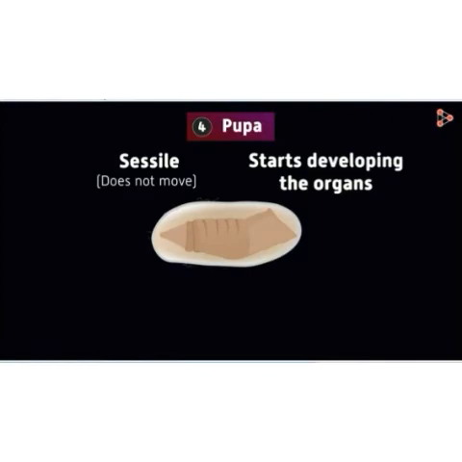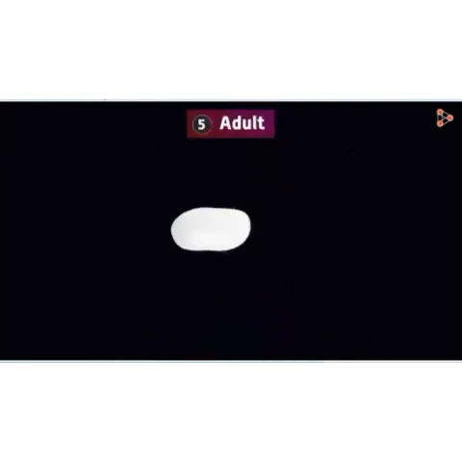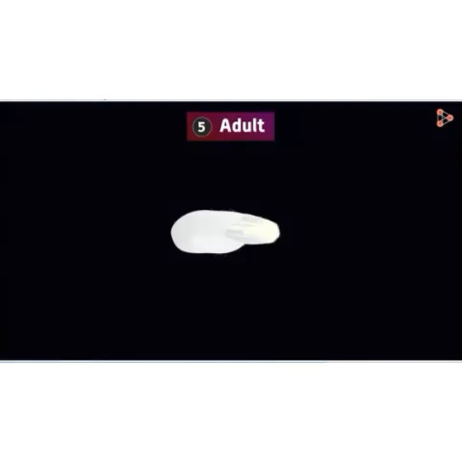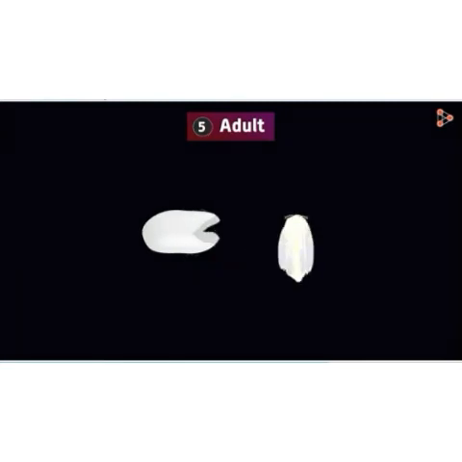Here the pupa rests inside the cocoon and develops into an adult. After it develops completely, the adult stage is reached. The mature moth is now ready to break the cocoon and fly away.